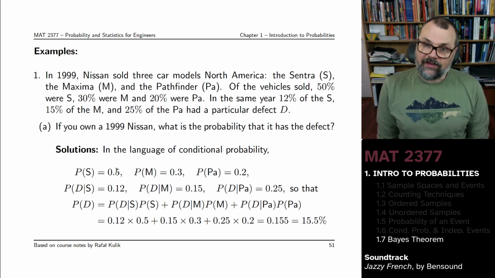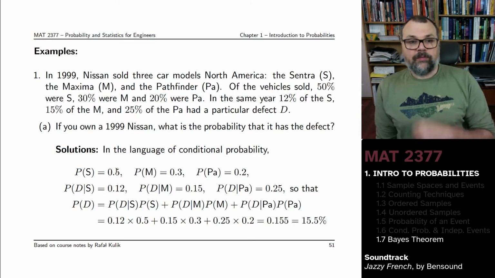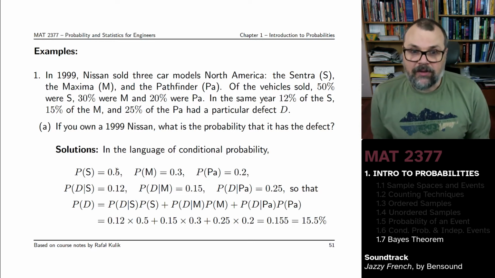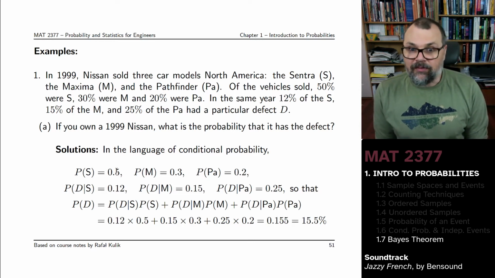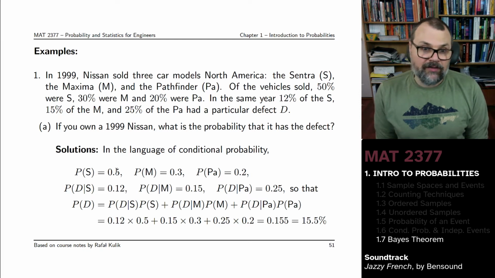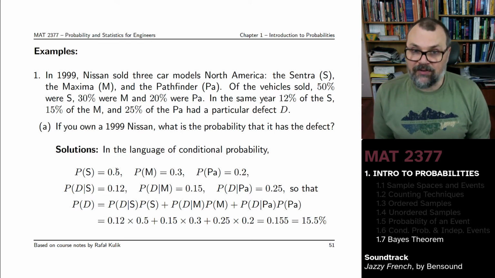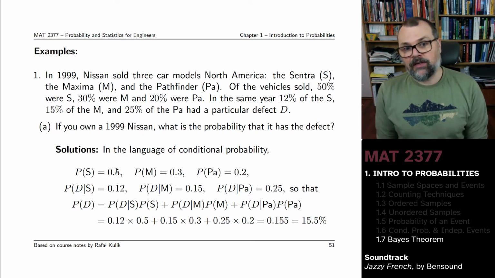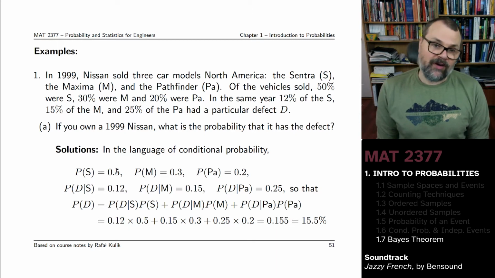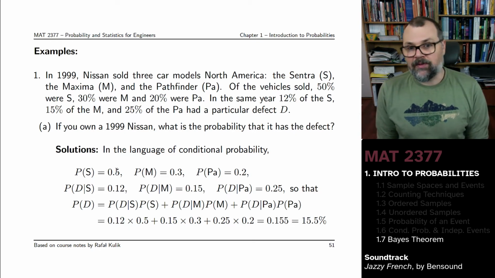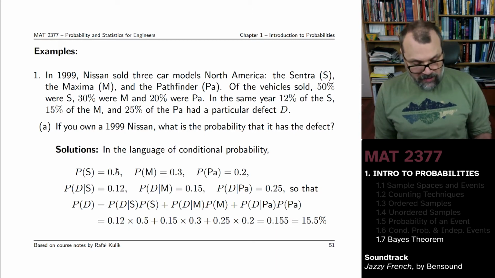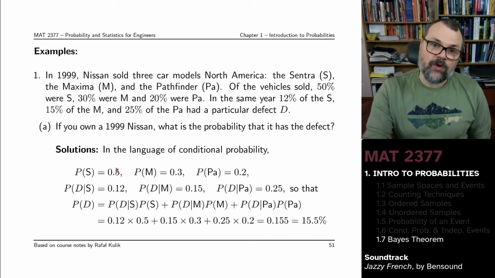So these events are mutually exclusive and exhaustive. What's the probability that you have a defect? Well, that depends on what type of car you actually have. The probability of a defect, if you own a Sentra, that should be 12%, because 12% of the Sentras have the defect. Same thing for the probability of D given M, probability of D given PA. These numbers are given to us.